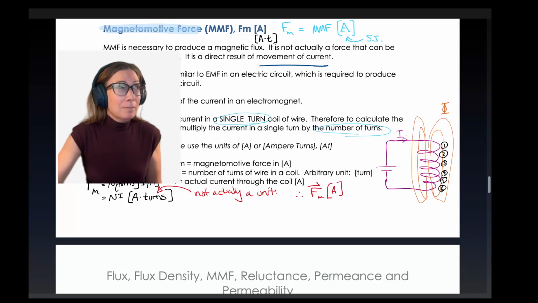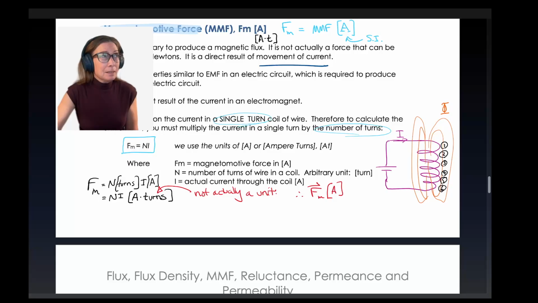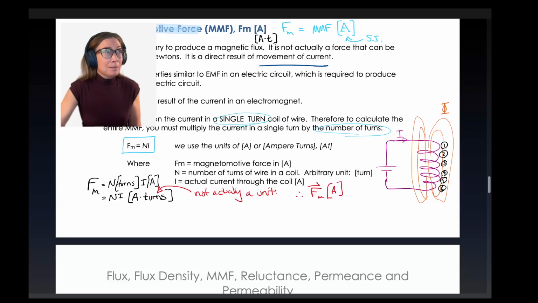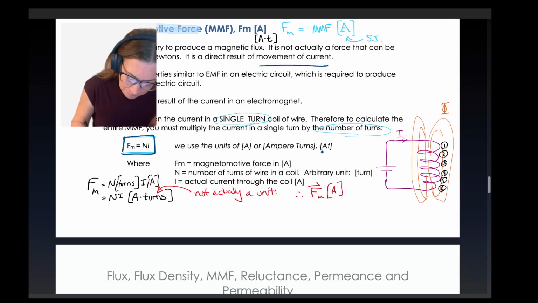Let's draw this. MMF has a formula: N times I, where N is the number of turns of wire in the coil, and I is the current through the coil.